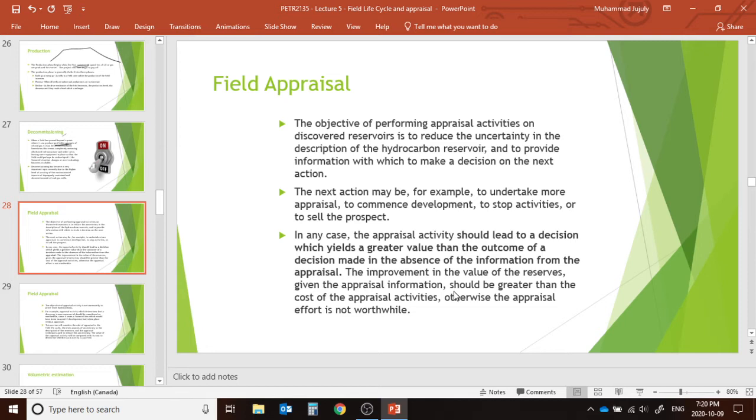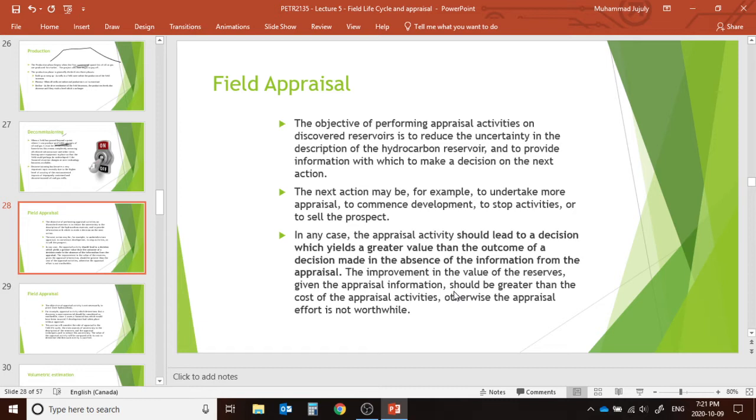Well, we already know the objective, we have discussed. The objective of performing field appraisal activities on the reservoir is to reduce the uncertainty in the description of the hydrocarbon reservoir, to provide more valid and more solid information with which to take the perfect decision for the next action.